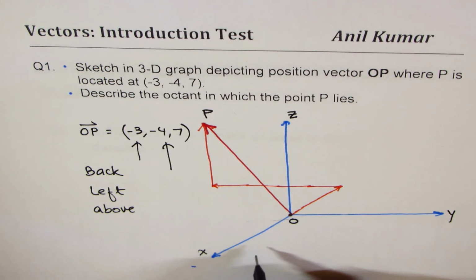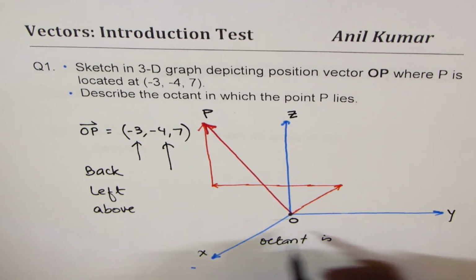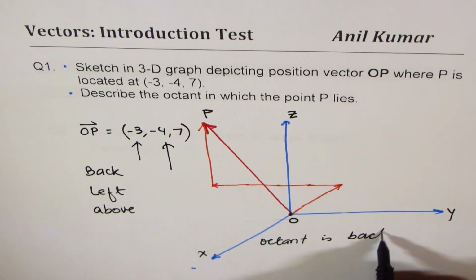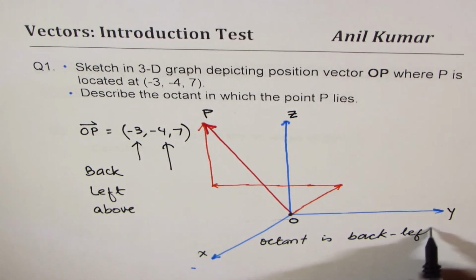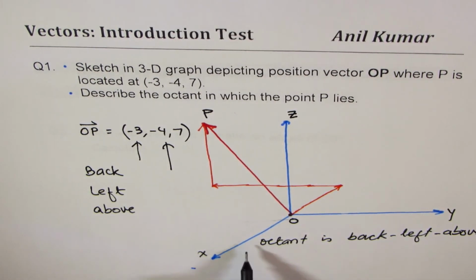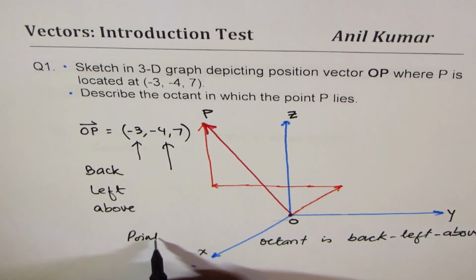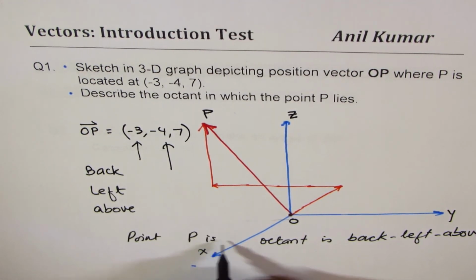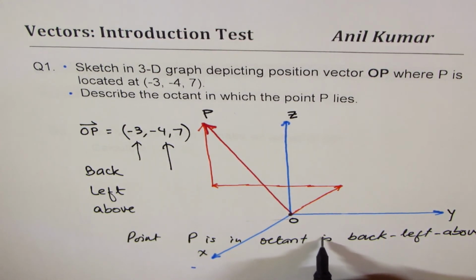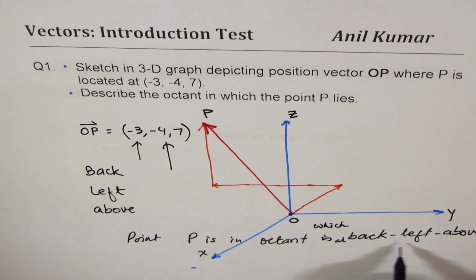So the point is located in the octant which is back, left, and above, right? So that is how you're going to describe it. So it says the point P is in the octant which is at back, left, above, right?